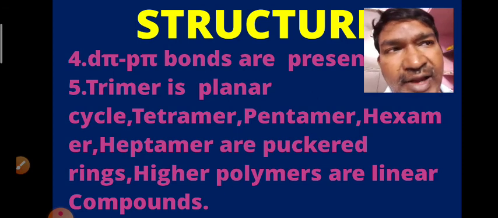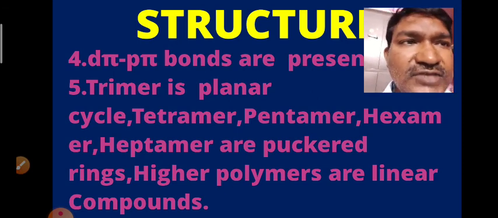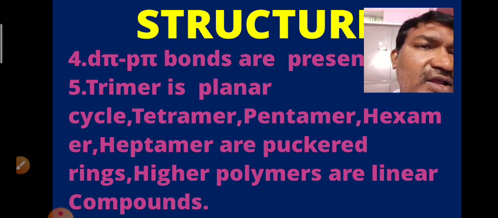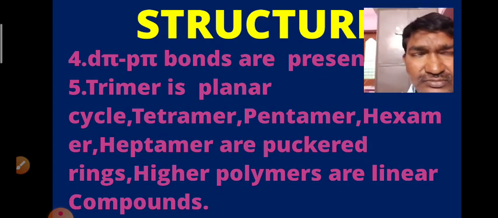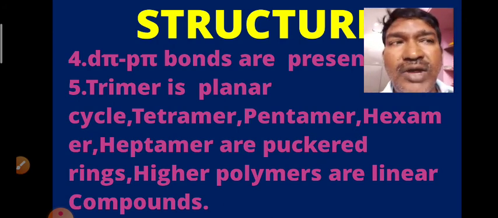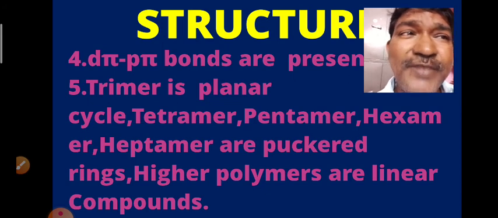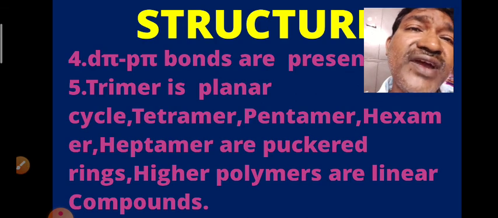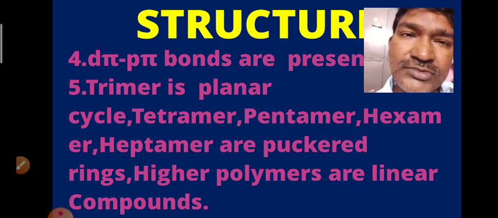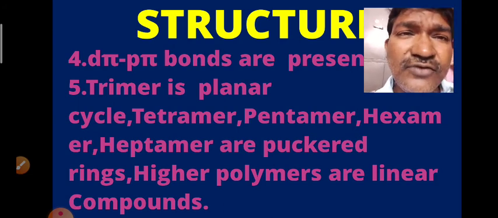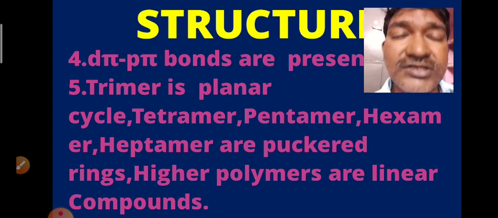And here between nitrogen and phosphorus, a pi bond is formed, which is very much similar to aromatic compounds. We know very well that in aromatic compounds, pi bonds are there between the carbon atoms, no? But those pi bonds are pπ-pπ bonds. But here we have pπ-dπ bonds. Here the p orbital of nitrogen combines with the d orbital of the phosphorus atom and forms the pπ-dπ bonds.